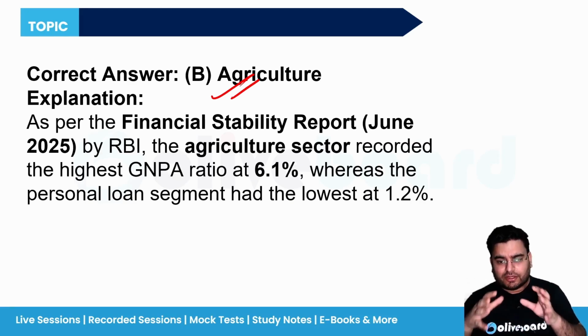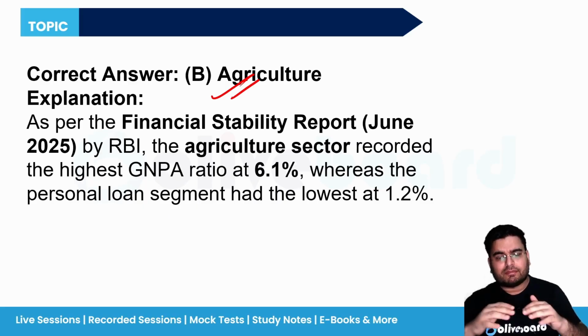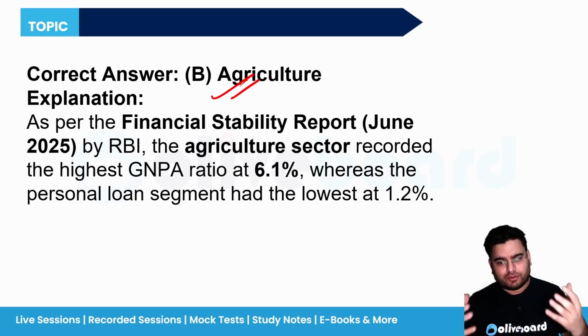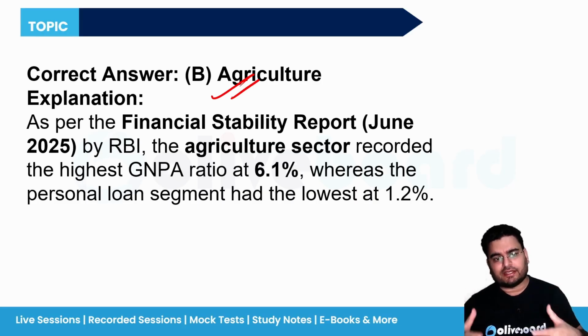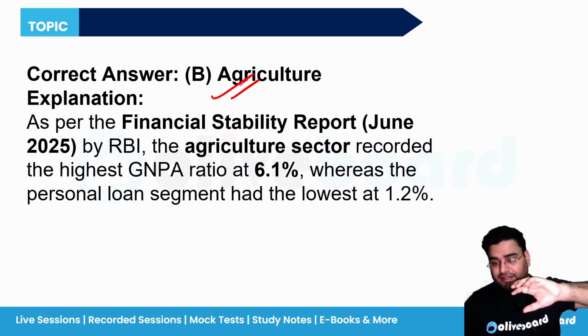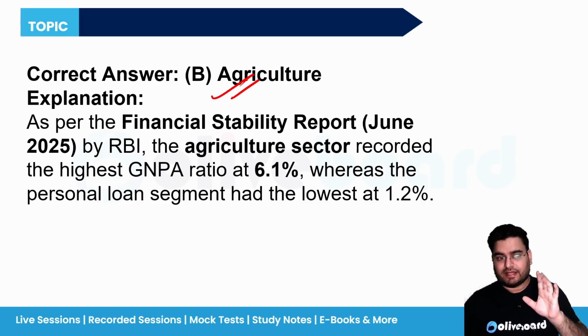So in India, the majority of agriculture is still dependent upon what? The monsoon. If the monsoon is good and timely, the farmer is going to grow more produce and sell it, and they are going to earn more money. But it is so unpredictable, and whenever there is unpredictability in the income, there will be NPA. That's why the agriculture sector is more prone to NPA, and you can see 6.1%.